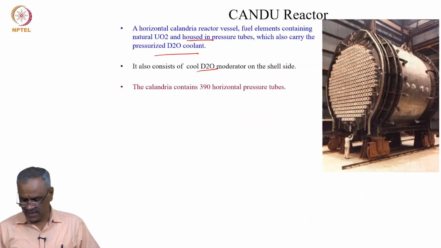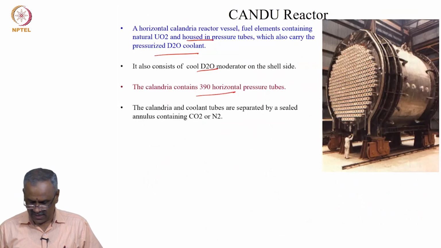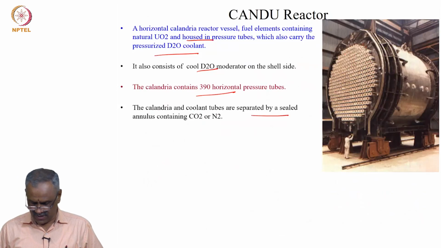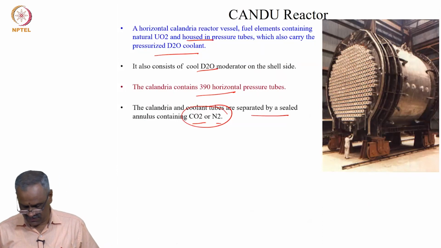The calandria contains 390 horizontal pressure tubes, and the calandria and coolant tubes are separated by a sealed aluminum annulus containing CO2, an inert gas, so there is less reaction between them.